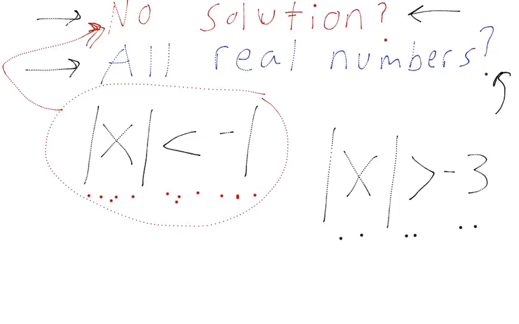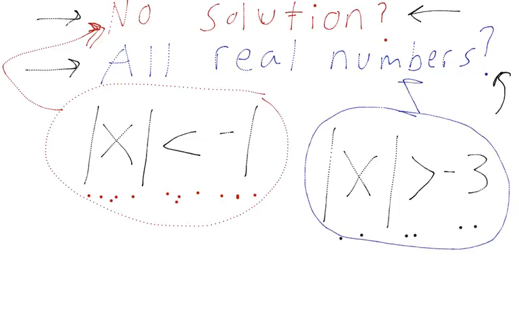Is that possible? Well, of course it is. My distance, the lowest it can be is 0. If I'm right on top of something, if I'm at 0, well then I'm 0 spots from 0. So my distance is always, always more than -3. If you get something like this, it's all real numbers.